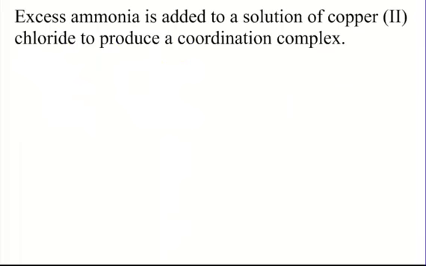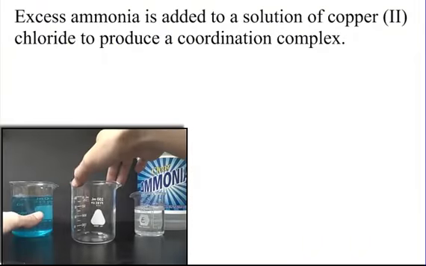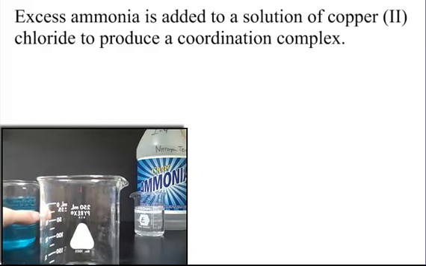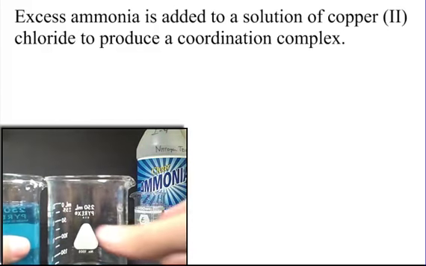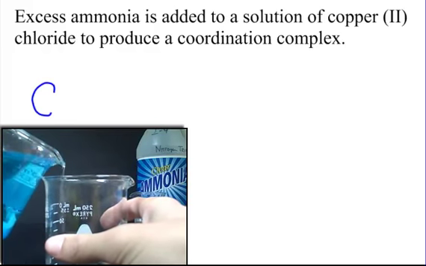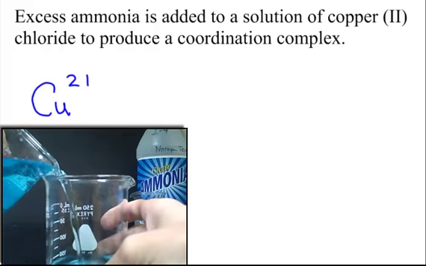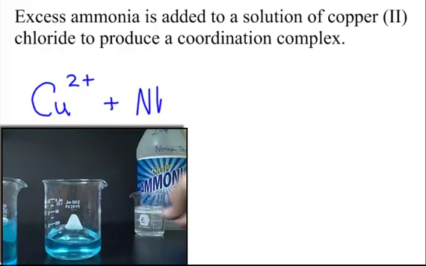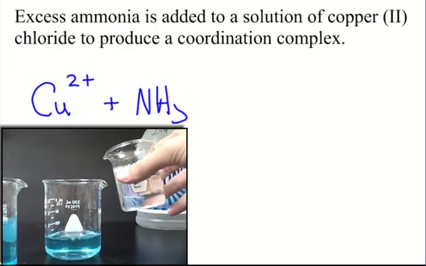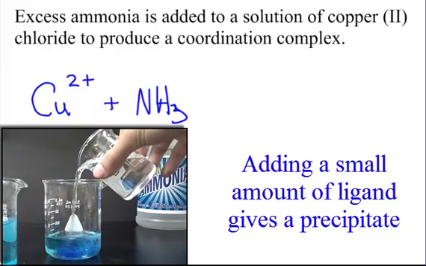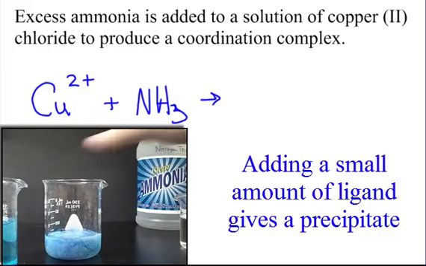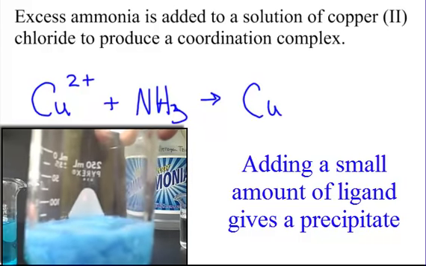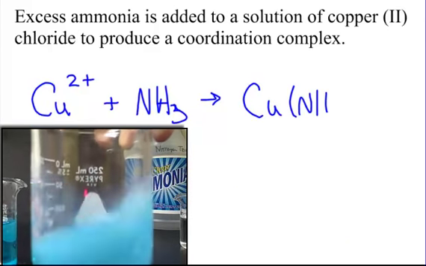Our week 18 chemical reaction: excess ammonia is added to a solution of copper(II) chloride to produce a coordination complex. Here we have our copper ion, Cu2+, making sure to put the charge. We add our ligand, or our Lewis base, ammonia, NH3, and we get Cu with NH3.